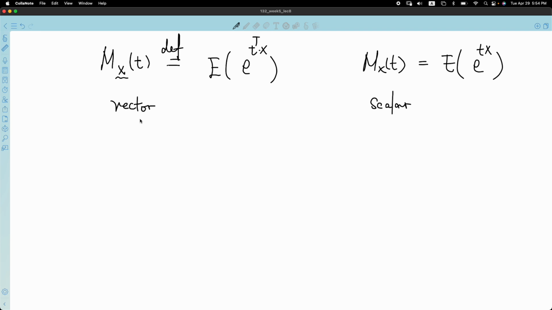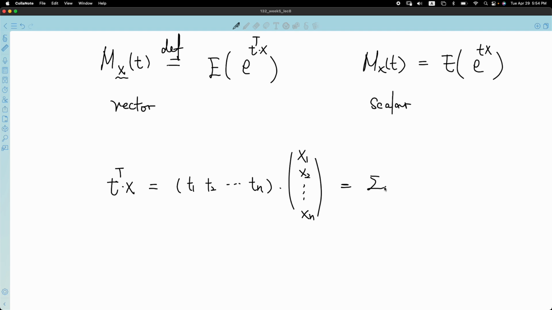The inner product, t transpose x, means first take the transpose of t, so t1 to tn, and then multiply by x1 to xn.